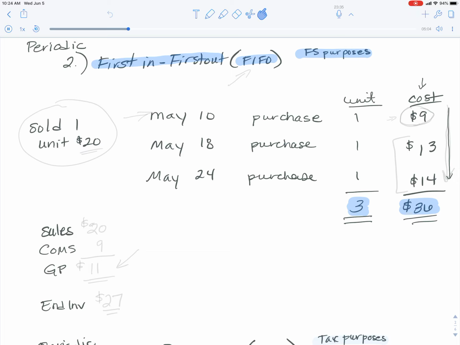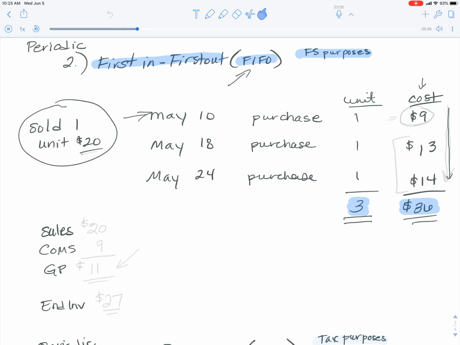With the first cost flow assumption of FIFO, let's assume that we sell 1 item in May. Because we're using FIFO, we're going to assume that the first one that we bought is the first one we sold, even though we may not know exactly which one it was. They're all sitting on a shelf, and we're just going to assume that it was the first one.